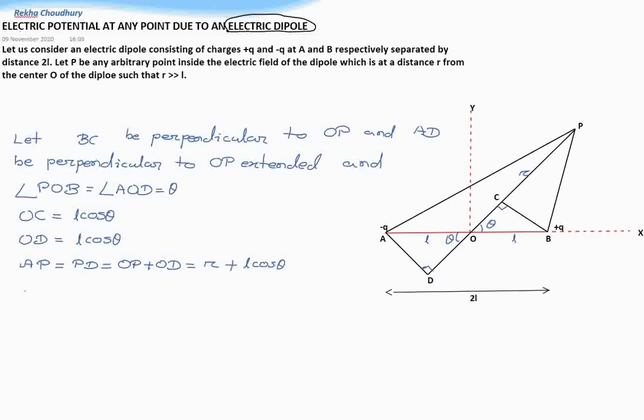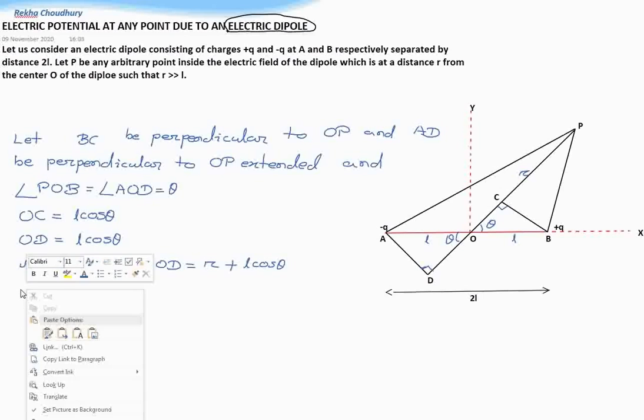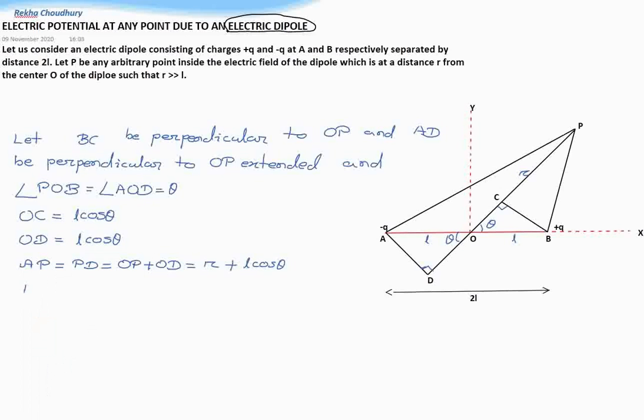Similarly, in the diagram, PB is equal to PC, which is equal to PO minus OC, so this is r minus L cos theta.